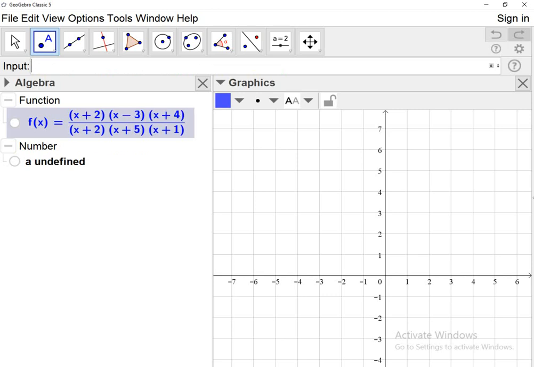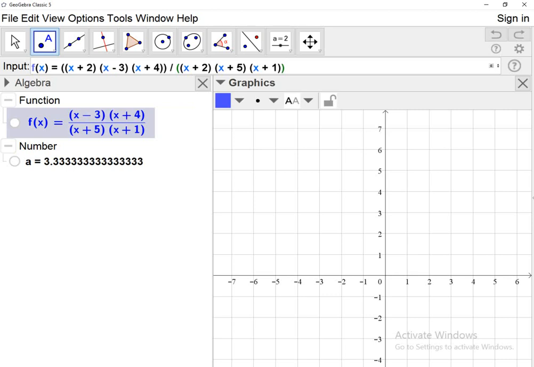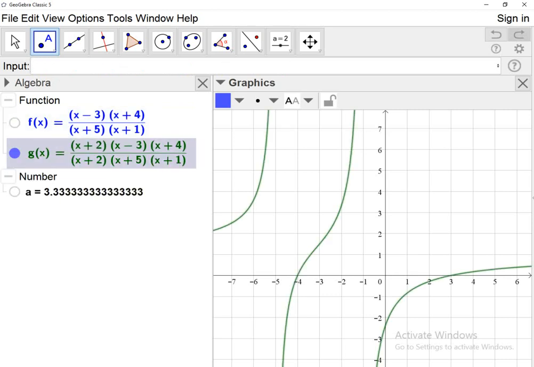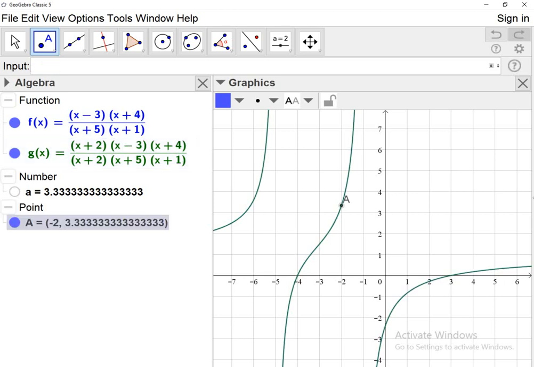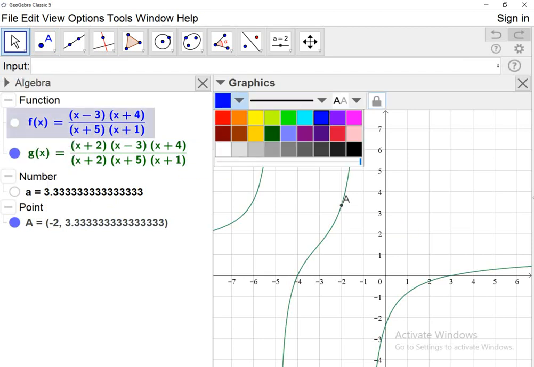Control V, let's name this G. All right, so would you guys agree that the blue and the green functions are the same thing? They're 99.999999999% the same. What's the difference? The hole, okay? The blue one has a hole at that point. So the point would be -2 comma A. That point right there does not exist on the green function. That should be an open dot right there.